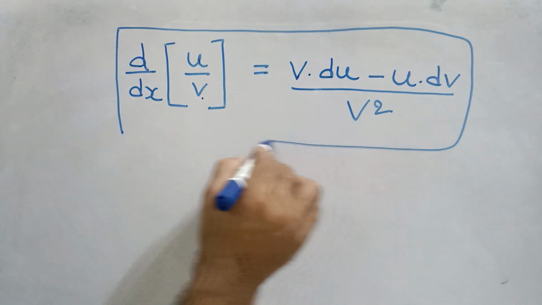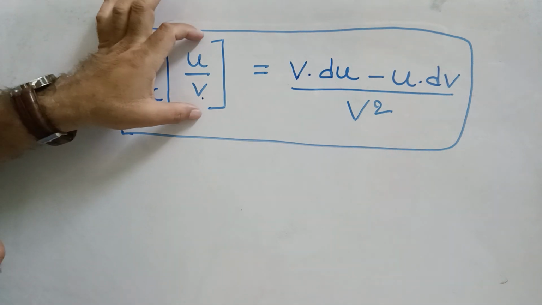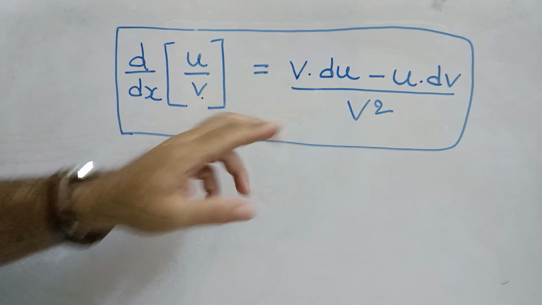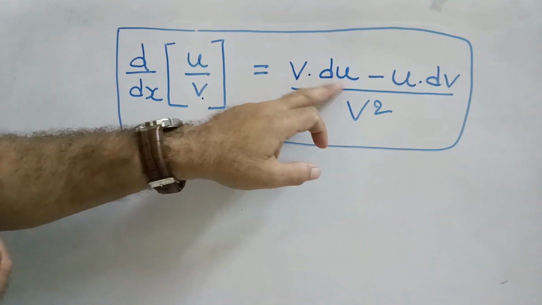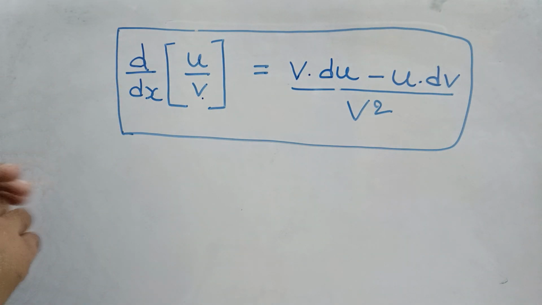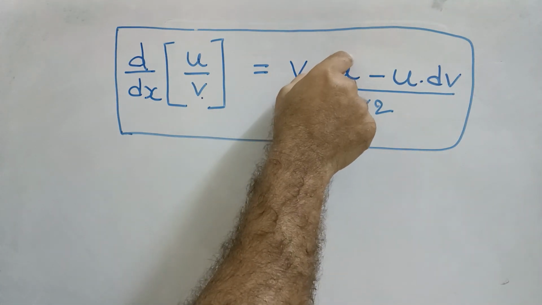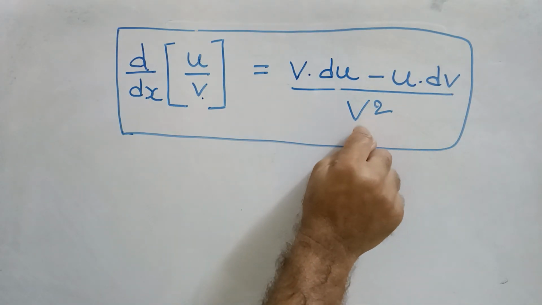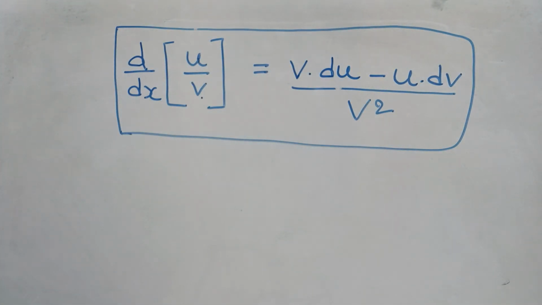If two functions are given in this form and you want to take the derivative or differentiation, you should use this formula: v, the denominator, into du, the derivative of the numerator, minus the numerator into the derivative of the denominator, by the square of the denominator. Very, very important.